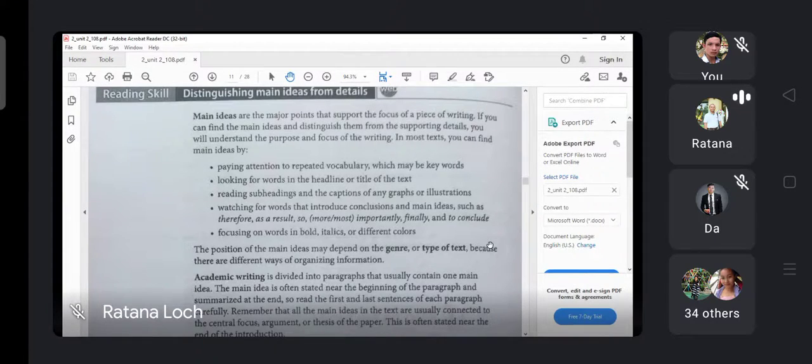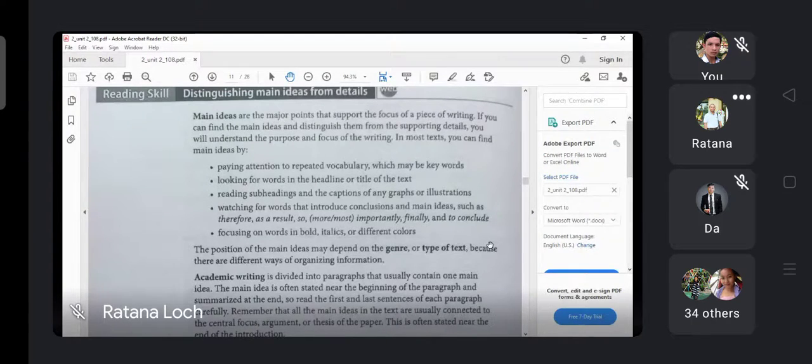Conclusion means you have to conclude the main idea. You have to summarize the main ideas of your writing, right? So I think it's easier to look at the conclusion, because every essay, every writing, I mean academic writing, has a conclusion.